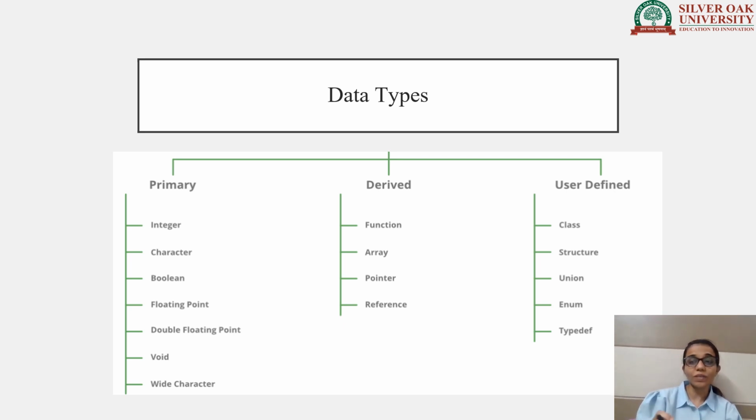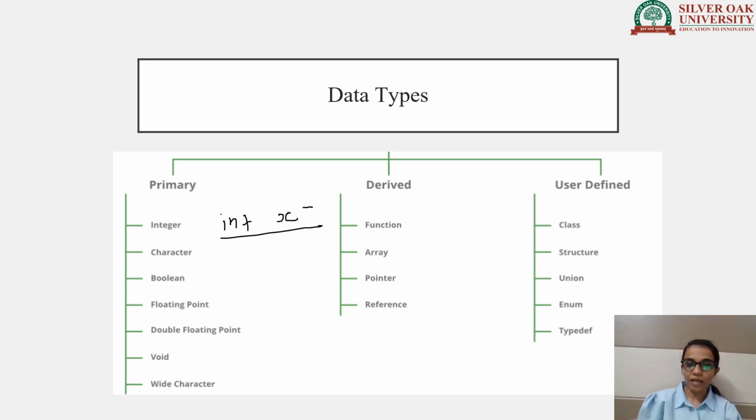Data types define the data, telling the computer which type of data a particular object can hold. If I am creating a variable, suppose X, I have to define what type of data it can hold, whether it can hold an integer, a character, or a double. Suppose I write int X. This X will only contain integer data.